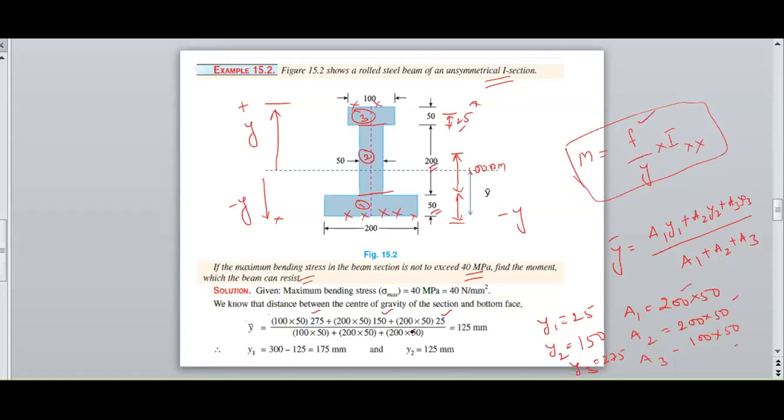By substituting this, I will get the centroid. That value is 125 from the bottom. So this value is 125 and this value is 175.